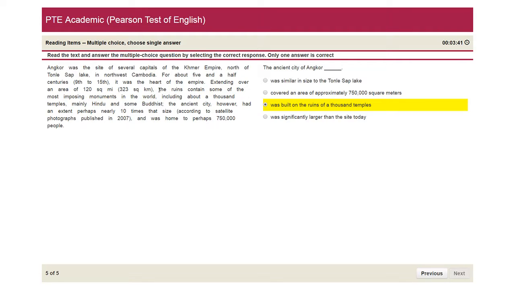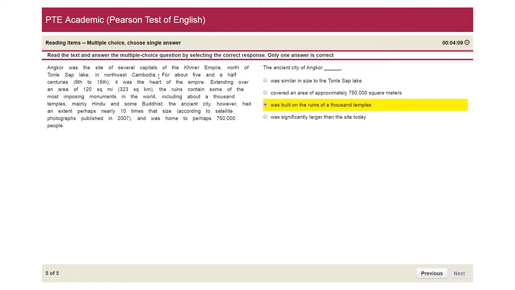It is written that the ruins of Angkor contain some imposing monuments, but it is never mentioned that it was built on the ruins. Let's read the paragraph once again. Angkor was the site of several capitals of the Khmer Empire, north of Tonle Sap Lake.